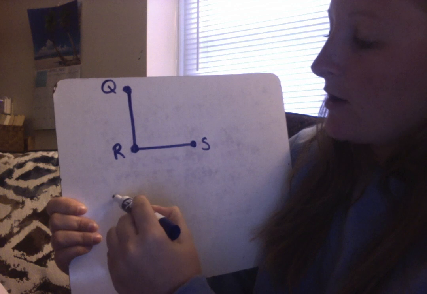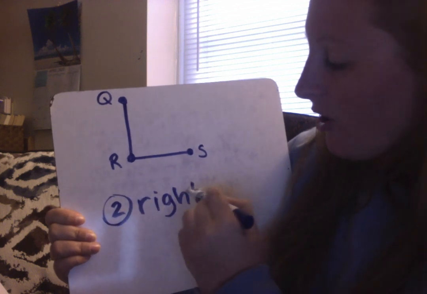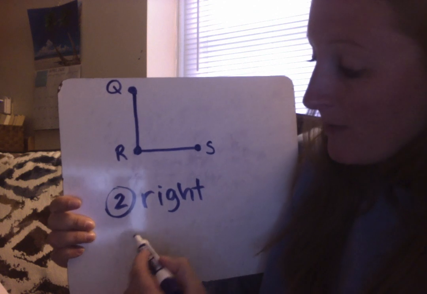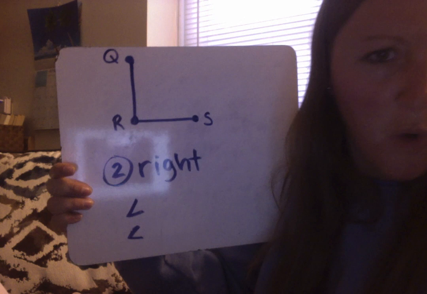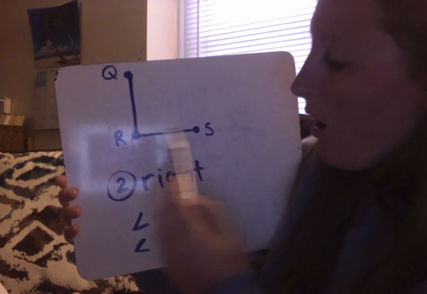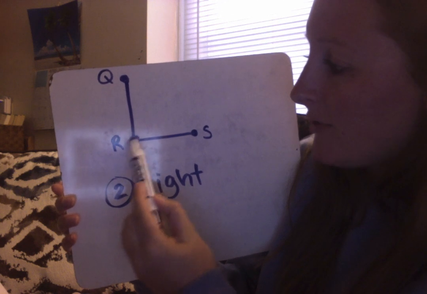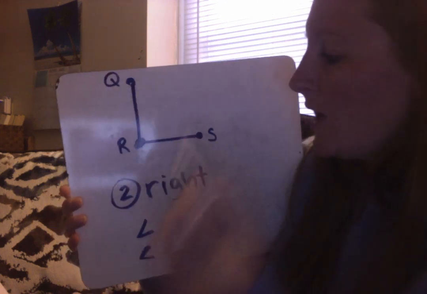So to do this question, we would say that this is a right angle. That's the first part, but then remember we have two more parts. Okay, this angle is labeled QRS. R is the vertex, so it's going to be that middle letter. And then we have Q and S.